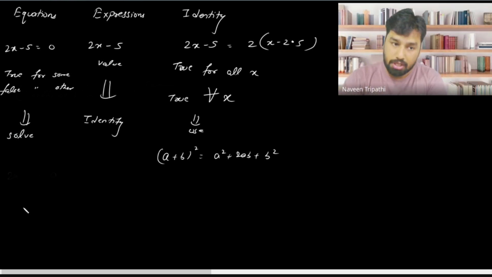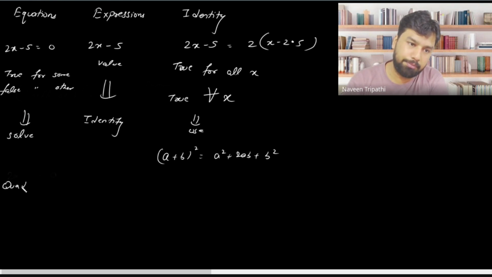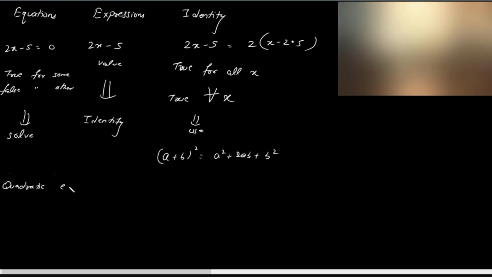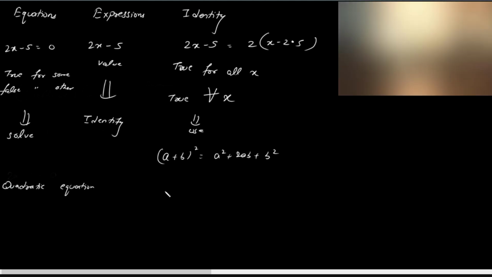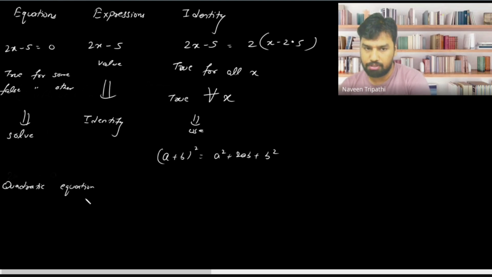Now, what is a quadratic equation then? Basically, any equation where the variable has the highest power 2. A quadratic equation is of course an equation with two sides, but the highest power will be 2.